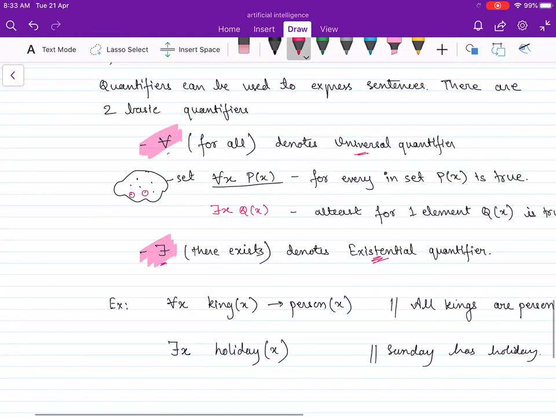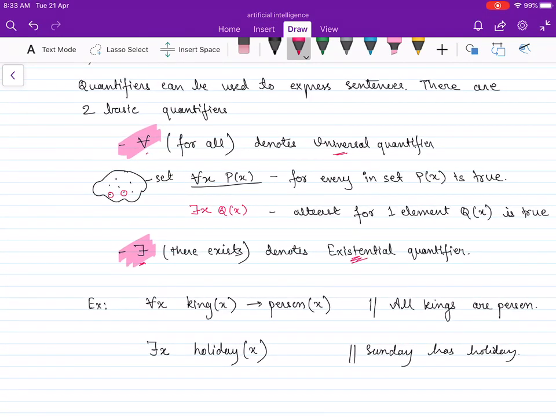Let there be a set, which is a domain, and it can have many values.